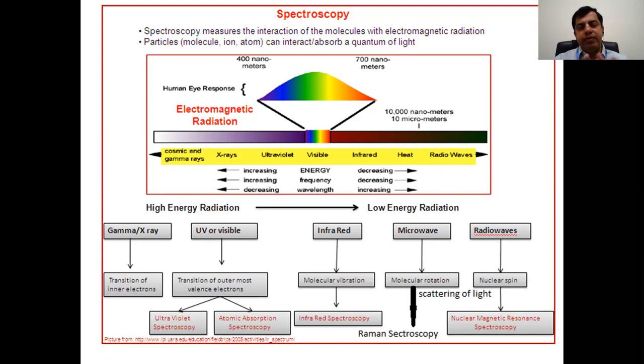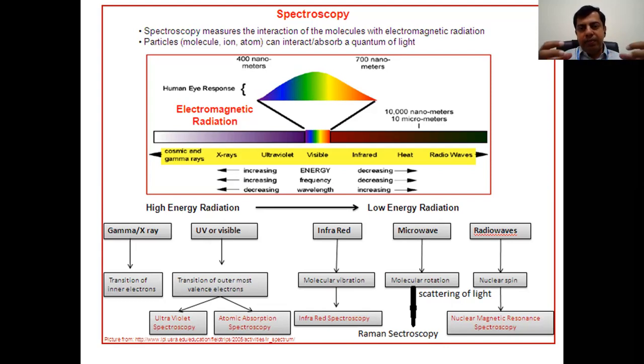Actually, quantum chemistry or quantum mechanics helps us understand what is happening with the interaction of radiation with molecules or atoms, and why there is a variety of spectroscopic techniques.